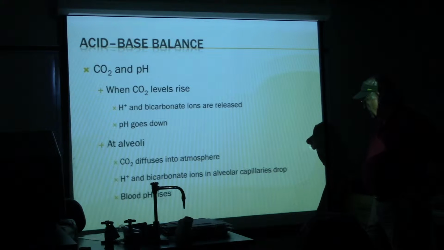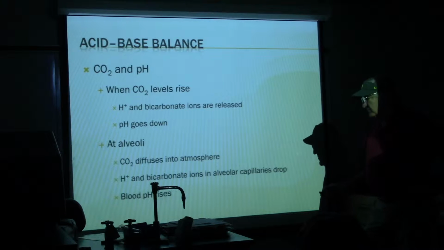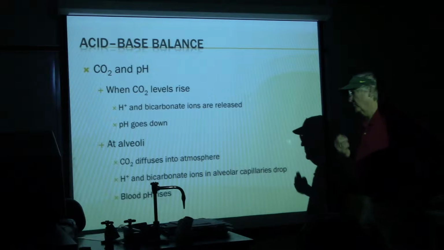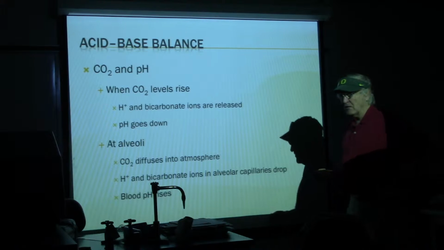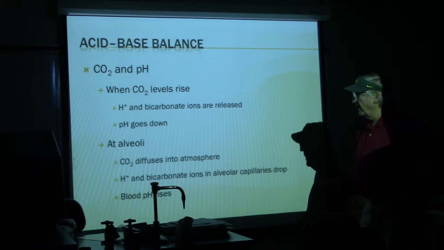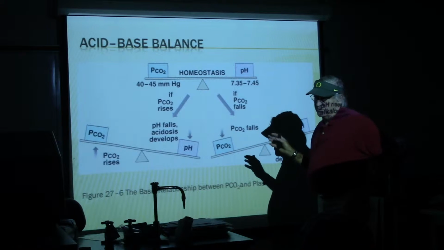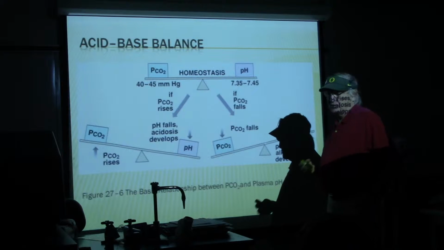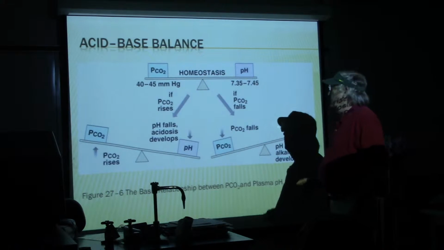Hydrogen and bicarbonate in the alveolar capillaries drop as you blow off that CO2, and the pH will rise. Obviously, if you ventilate too much, if you hyperventilate, you can actually make yourself alkalotic by blowing off too much acid. This little diagram here is one that you should really understand because you'll be using it a lot when you're trying to figure out the problems of acid-base.